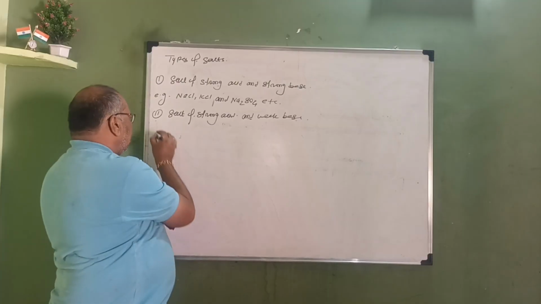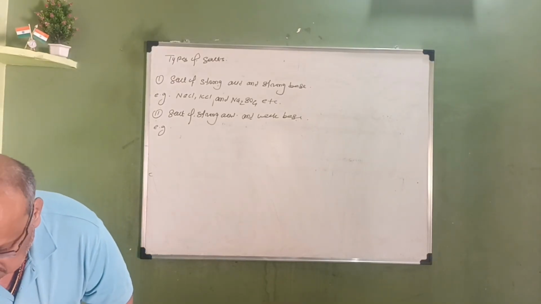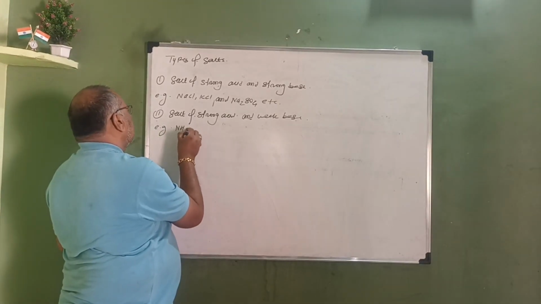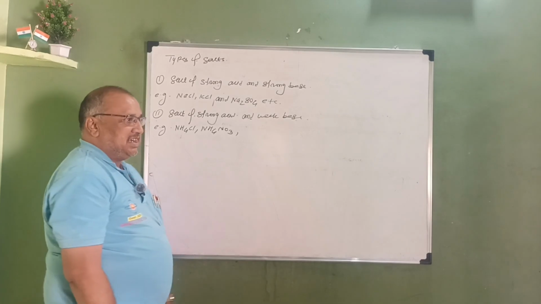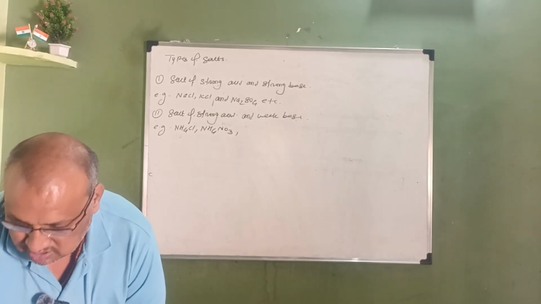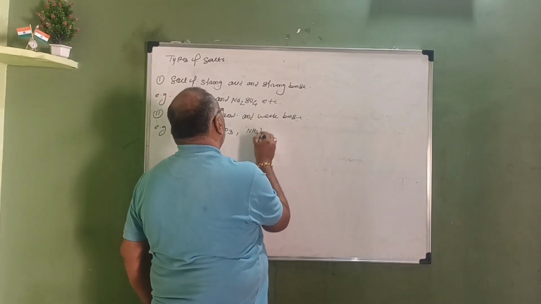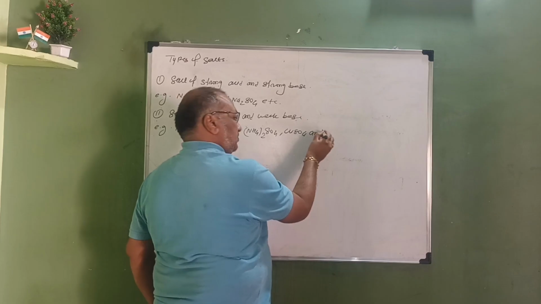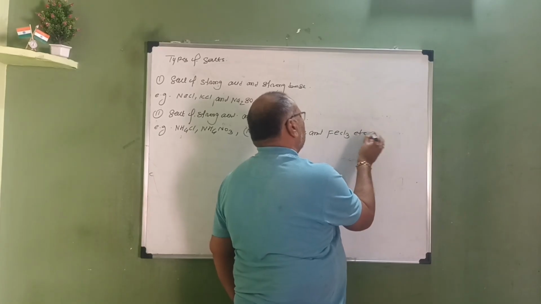Examples are NH4Cl, NH4NO3, then next ammonium sulfate, copper sulfate and FeCl3 etc.